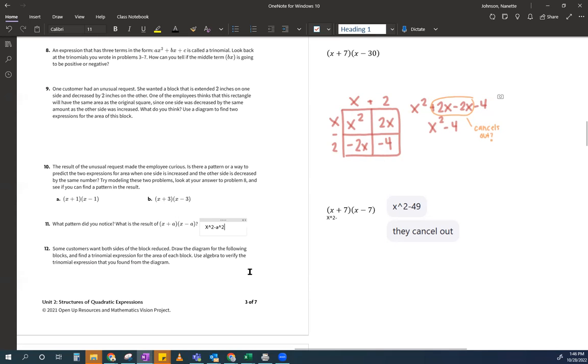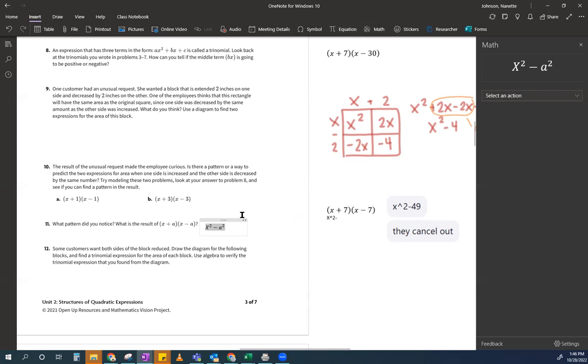A squared. Wait, first let me make it look more mathy. Okay, so you told me that it was 49. And 49 came from 7 times 7, right? So I could literally write it like that, 7 squared, 7 times 7.